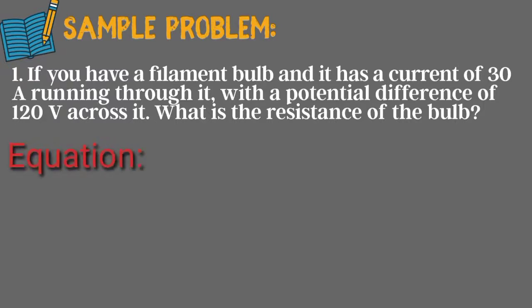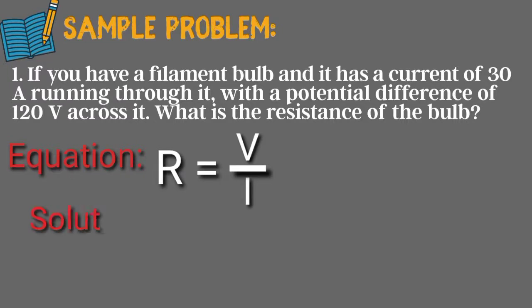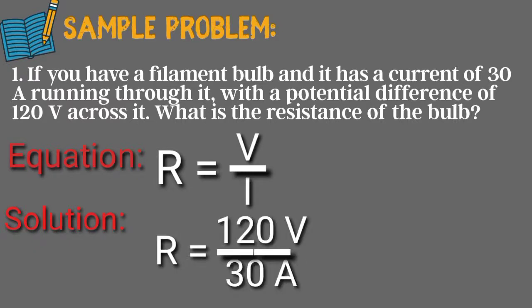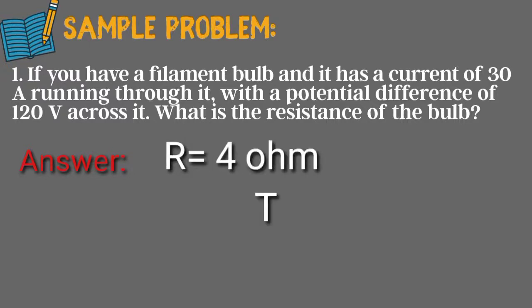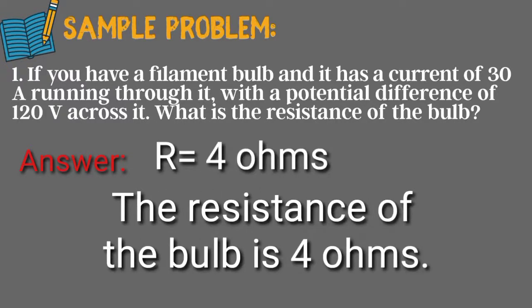Our equation, R equals V over I. For our solution, we are going to substitute voltage to 120 volts and current to 30 amps. Our answer, R equals 4 ohms. The resistance of the bulb is 4 ohms.